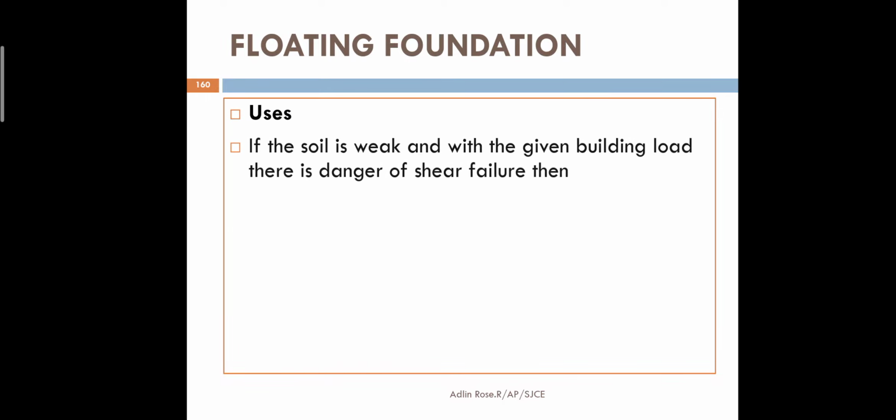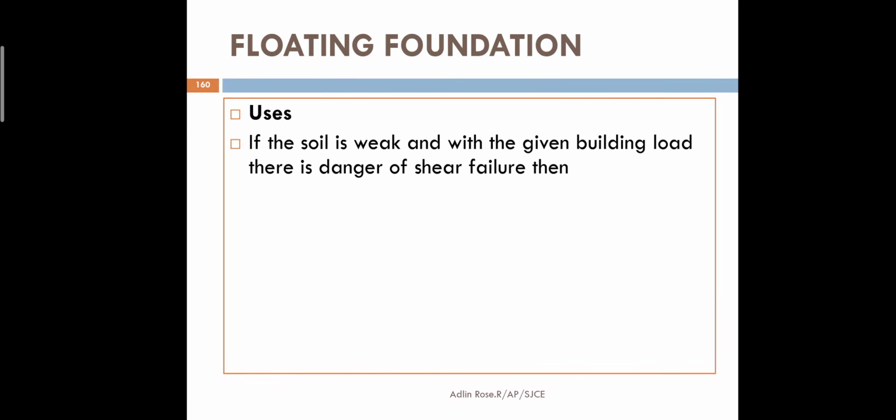And why is the floating foundation adopted? If the soil is very weak and prone to shear failure, and also the main idea is that the weight of the substructure is equal to the weight of the superstructure, so we are spreading the load to a larger area.